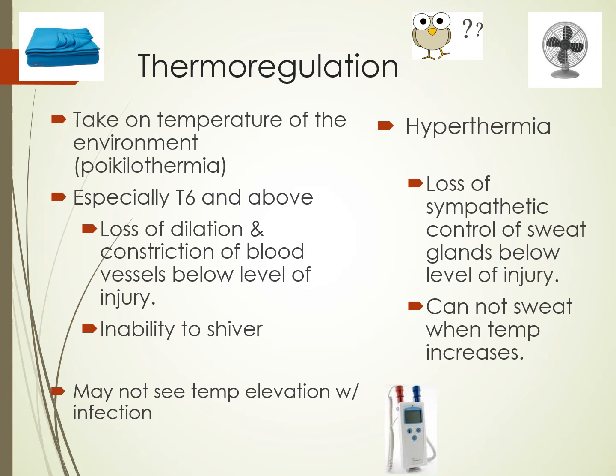They have a loss of the ability of their blood vessels to dilate and constrict. So the blood vessels can't dilate and release heat from extremities, nor can they constrict when it gets cold. They also don't have an ability to shiver. So being mindful of their environment is helpful. And because of that, you might not see a temperature elevation with infection.